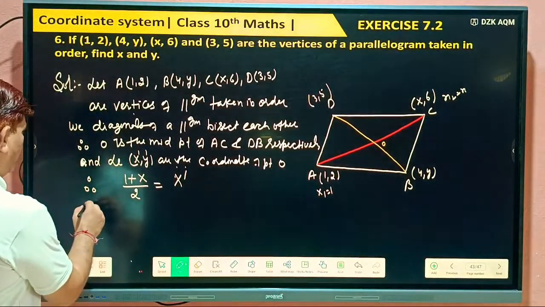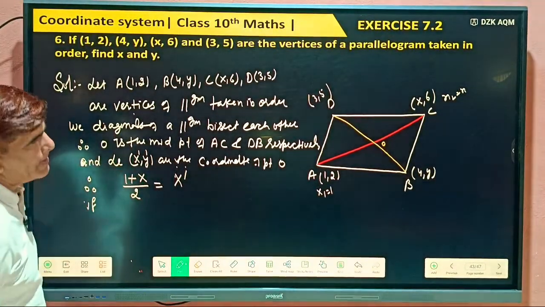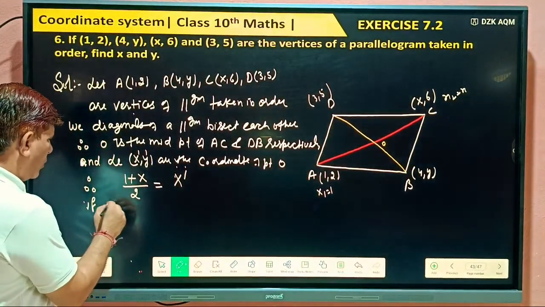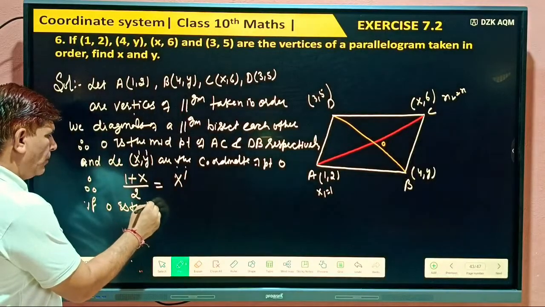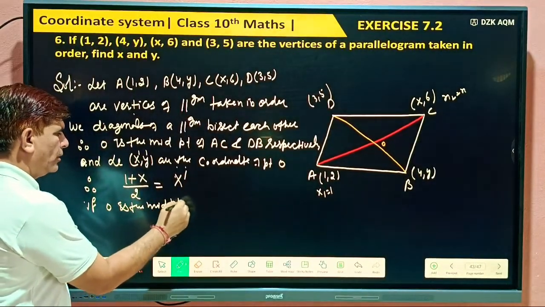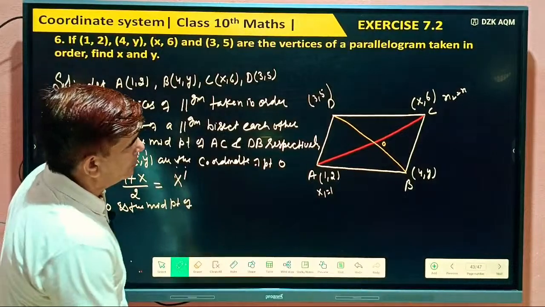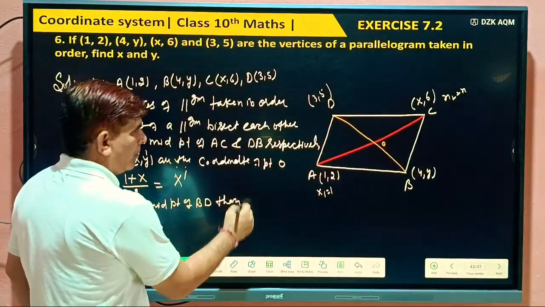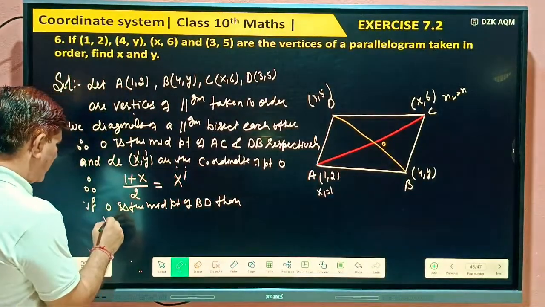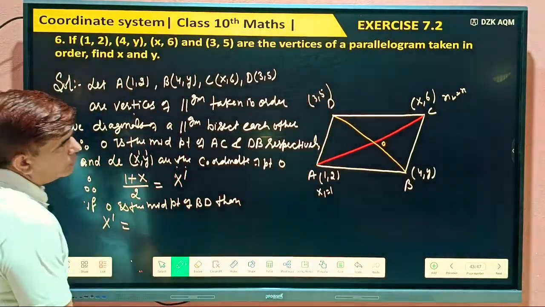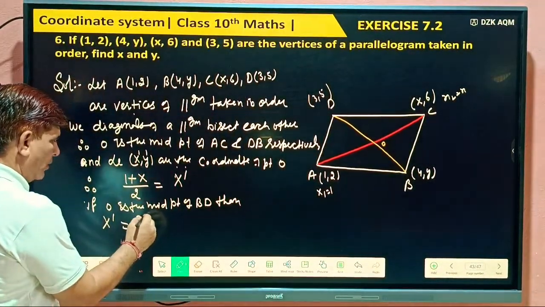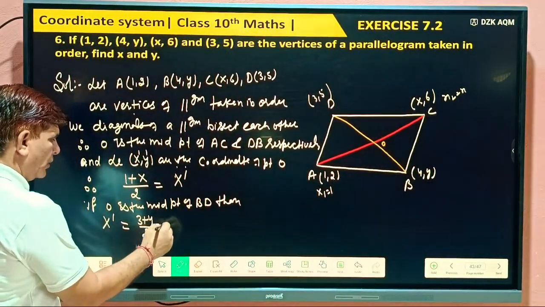If O is the midpoint of BD, then x dash equal to (3 plus 4) by 2, which is equal to 7 by 2.